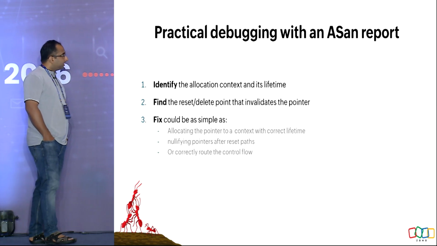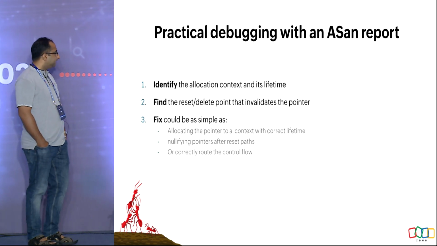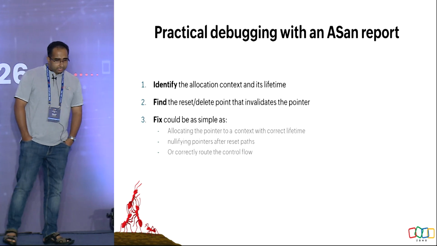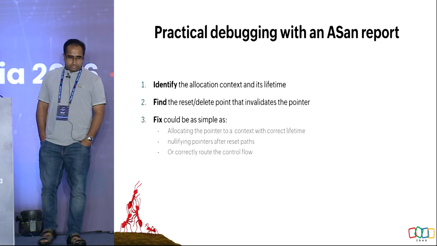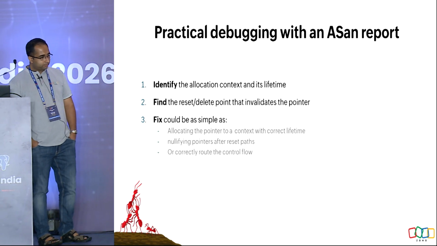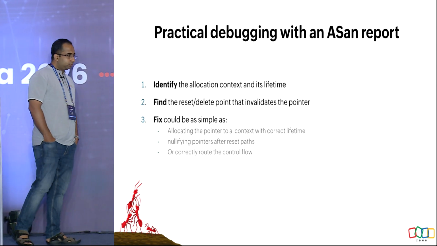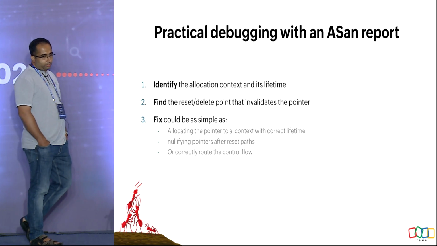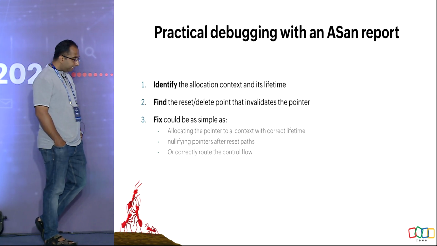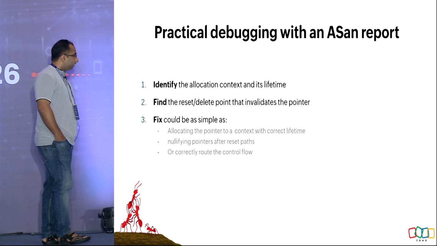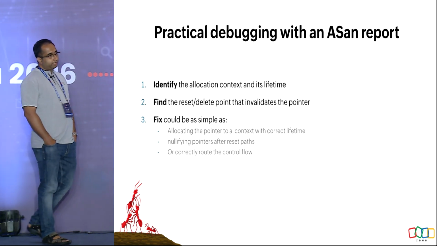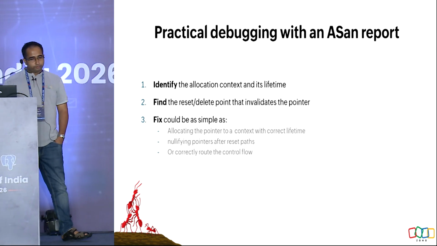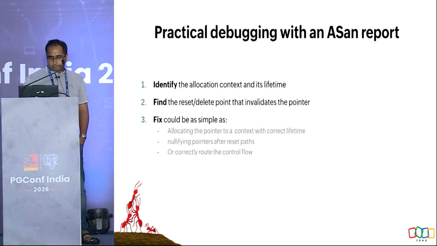Then see where the pointer is actually deleted or reset. Once you do this, the fix could be as simple as moving the pointer allocation to a separate context, or nullifying the pointers after free, or you might need to reroute the control flow to fix the problem.